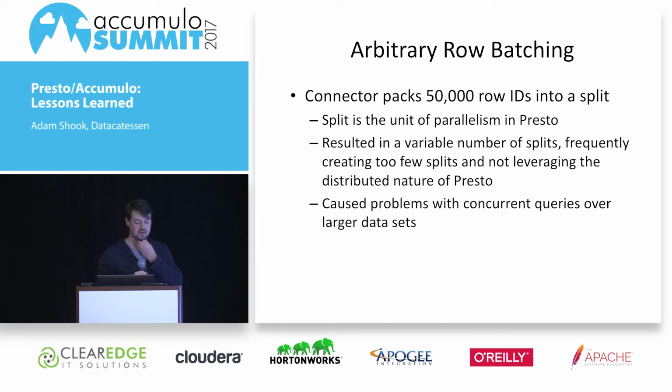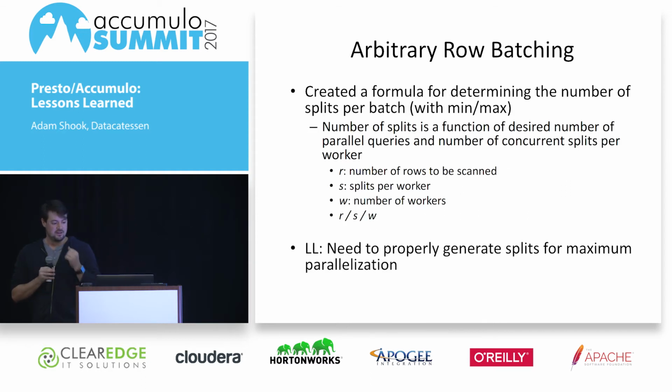Additionally, it caused problems with concurrent queries over very large data sets, which we shouldn't have been doing in the first place, where you'll run over millions of rows, and it would basically block any smaller queries running over far fewer rows because it would fill up all of the task slots on Presto. And also 50,000, like most numbers in configuration, had no research done at all about why that number should be chosen. It just seemed like a good idea at the time.